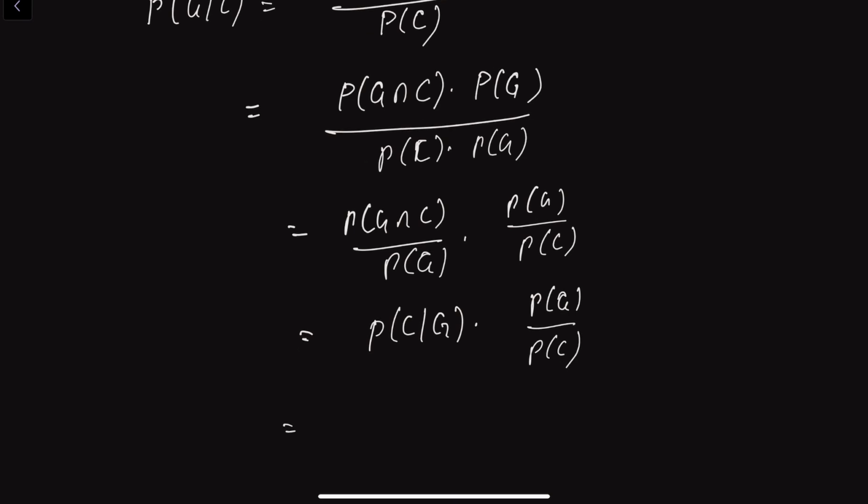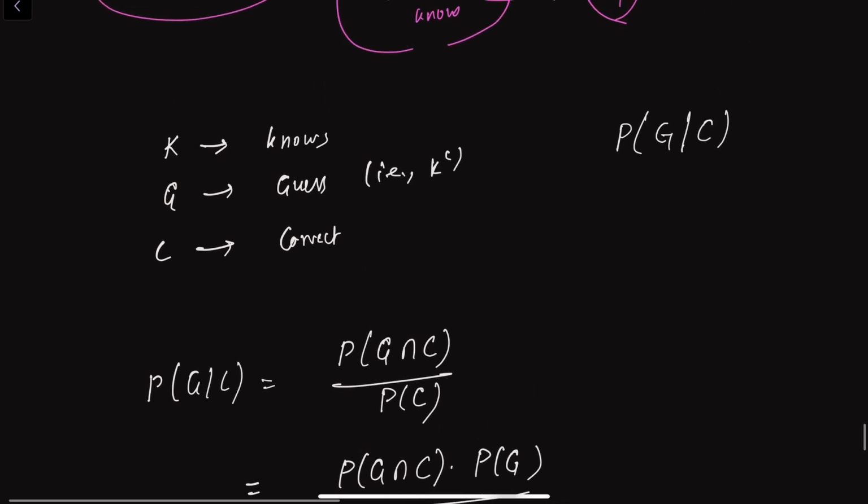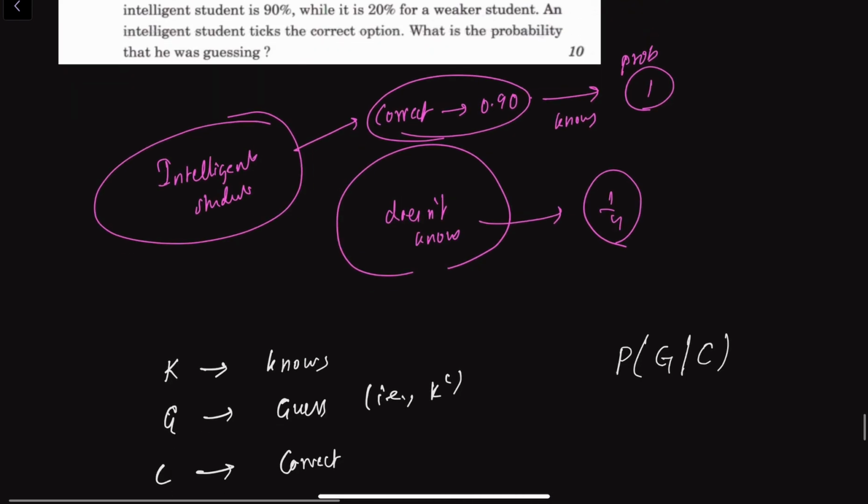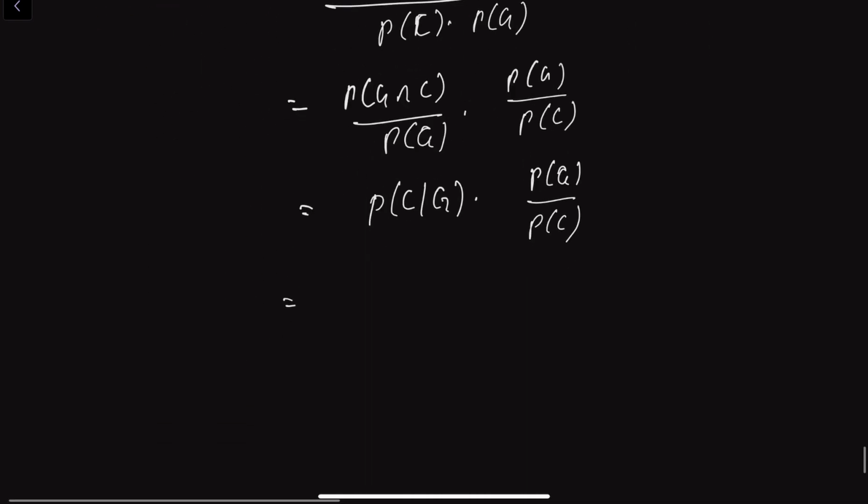The probability of C given G, the probability that he will choose the correct option given he is guessing, is 1/4, because if he doesn't know, he'll choose one option out of those 4 choices.